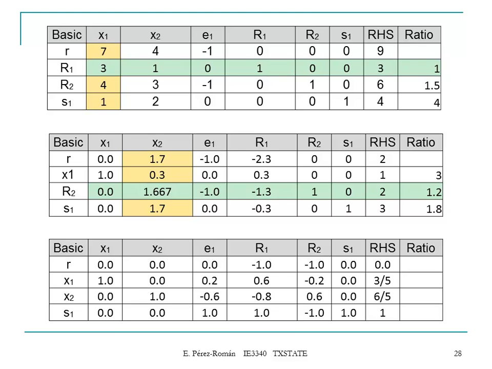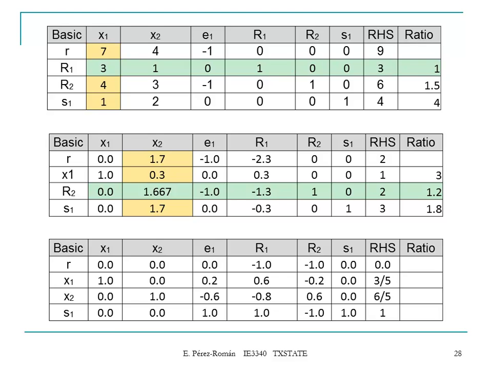first thing. As you can see in this tableau, this is very important. The basic solution here includes x1, x2, and s1. Are those artificial variables? No, because your artificial variables are R1 and R2.